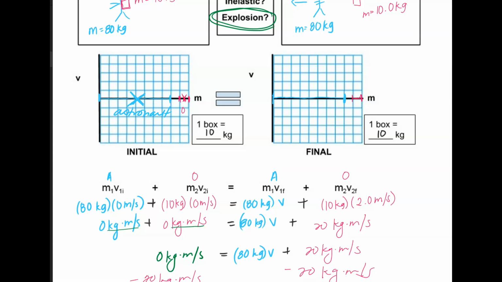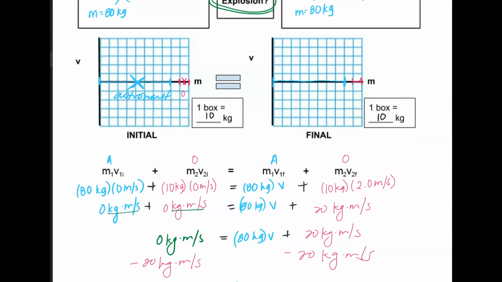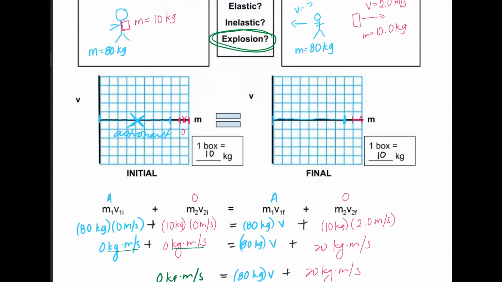So the astronaut is moving at negative 0.25, and the oxygen tank is moving at 2 meters per second. I think what I'm going to do is go by halves. So this will be 0.5, then 1, 1.5, 2. Okay, so negative 0.5, negative 1, negative 1.5, negative 2.